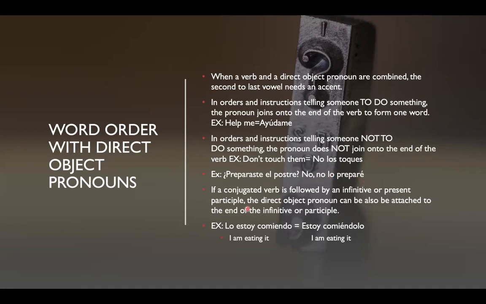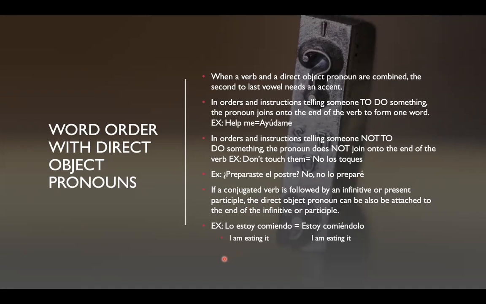If a conjugated verb is followed by an infinitive or a present participle, the direct object pronoun can also be attached to the end of the infinitive or participle. In this case, we have an example, lo estoy comiendo is equivalent to estoy comiéndolo. They're both the same.